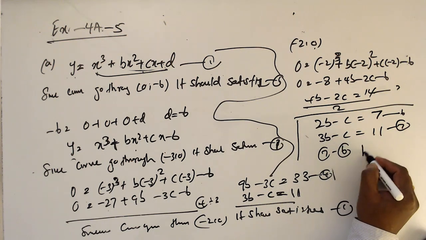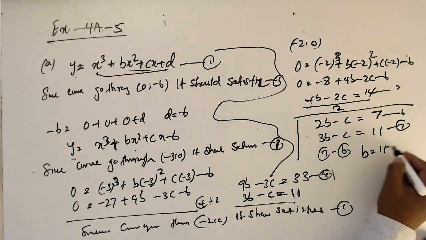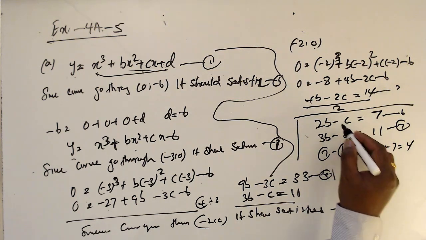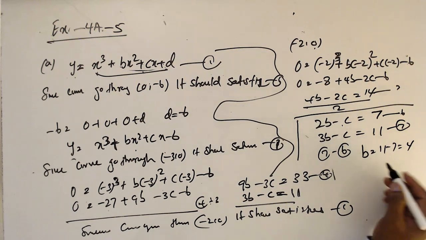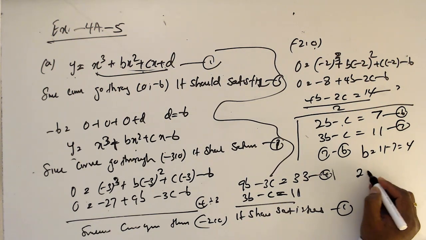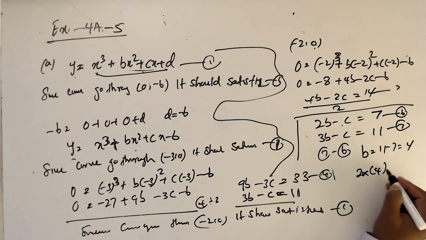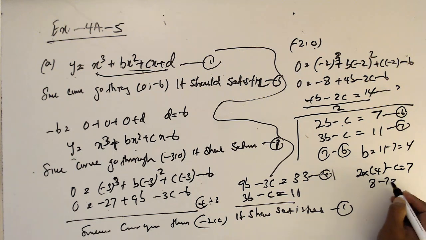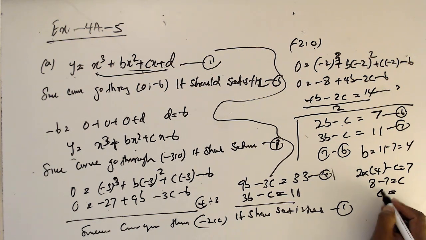Then you can see b equals 11 minus 7, 4. Then substitute to the second. 2 times b, 4 minus c equals 7. 8 minus 7 equals c, so c equals 1.